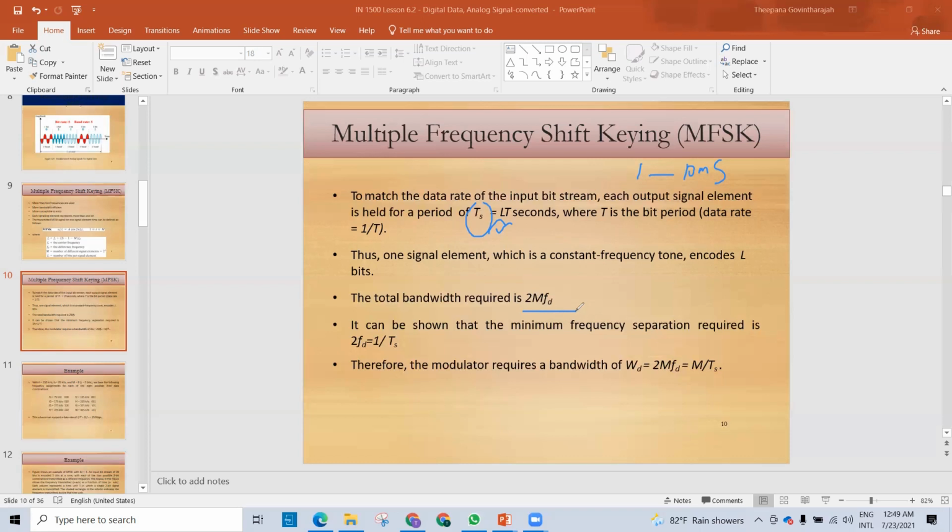So we have 4 different signal elements. If one is FC minus FD, then this will be FC plus FD.